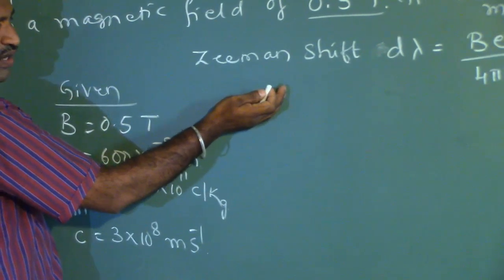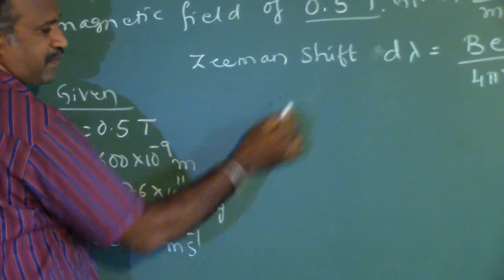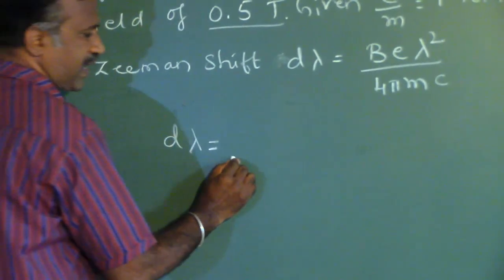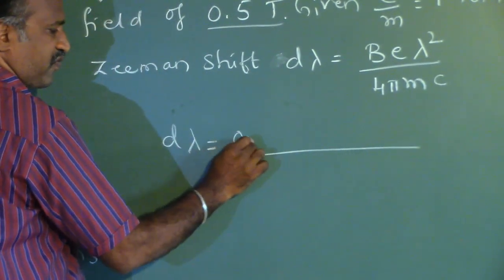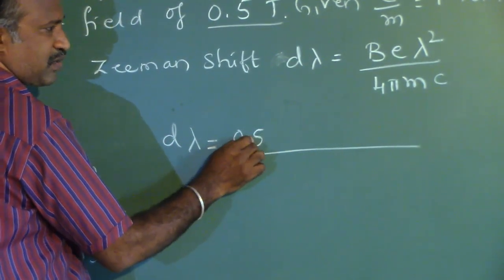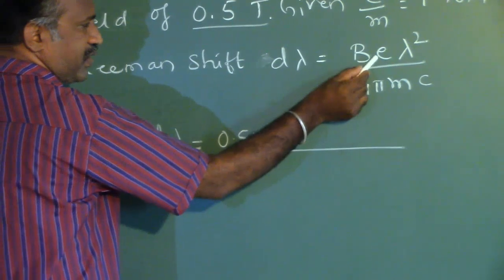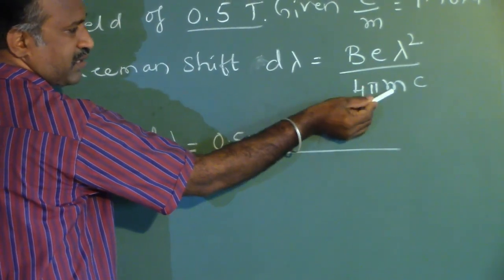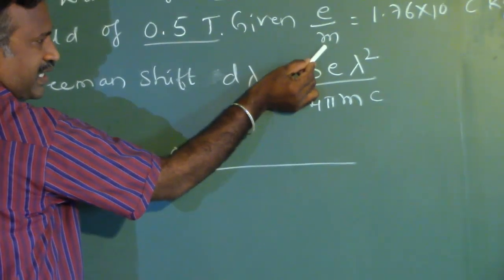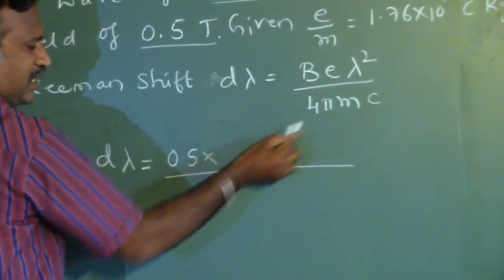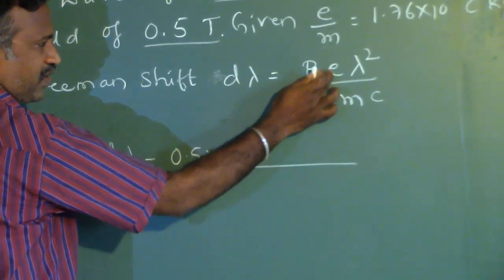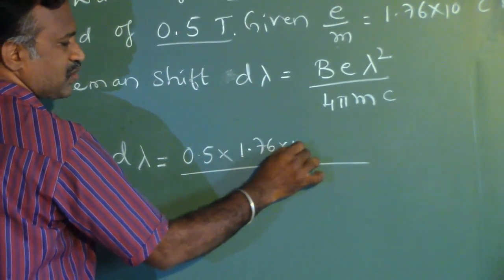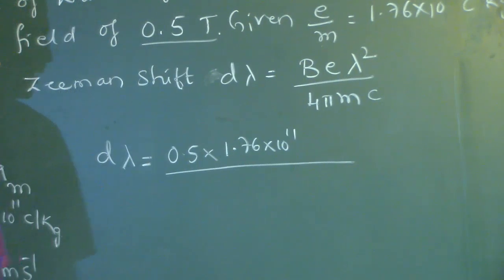Now let us substitute all these terms into the Zeeman shift formula, d lambda. The value of B, the magnetic field strength, is 0.5. There is no need to substitute the charge and mass of the electron separately, because they are already given as e by m. So we can directly substitute e by m in the numerator, that is 1.76 into 10 to the power of 11 coulomb per kg.